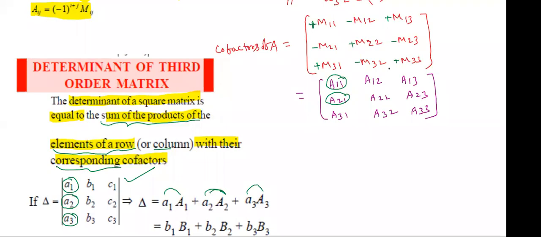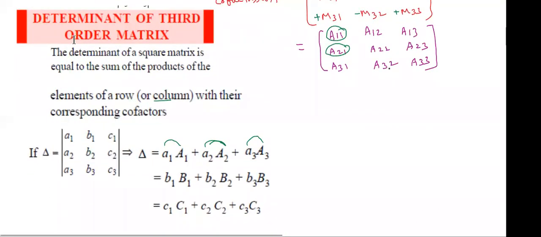No problem. Okay. So finally, how to find a 3 by 3 matrix determinant? This is the procedure. You already know it very well, so remember it. Delta is equal to a1 and the cofactor of a1. The sum of the products of the elements of a row with their corresponding cofactors.